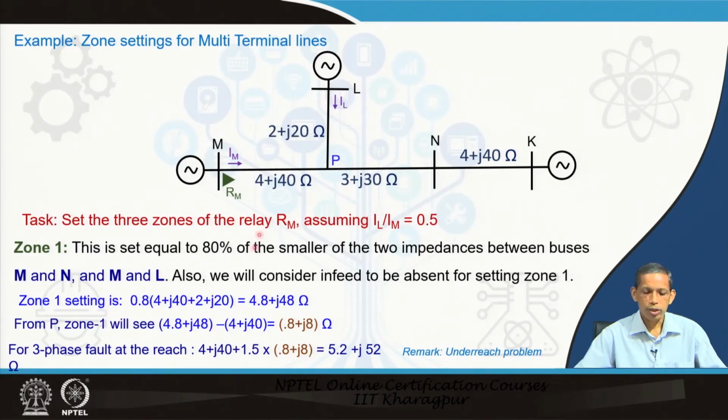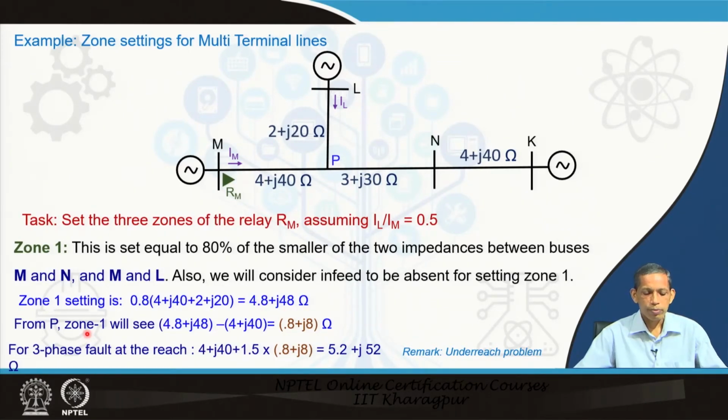For this relay, from the tap point, this path has the smaller impedance. So our zone 1 setting will be 80% of 4 plus j40 plus 2 plus j20, which equals 4.8 plus j48 ohm.